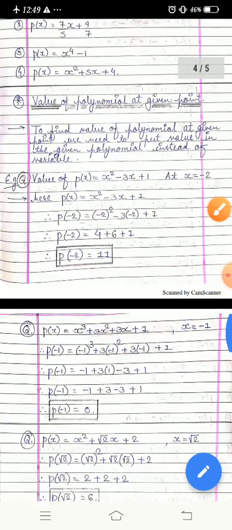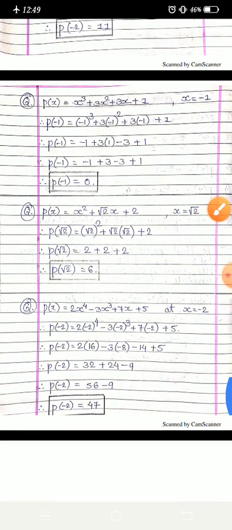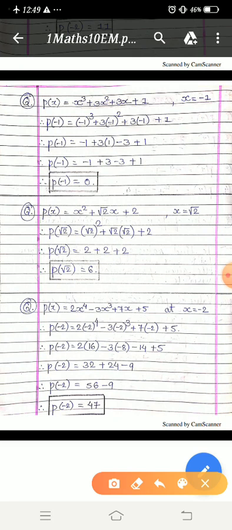Now suppose we take the next example, that is p of x equals x cube plus 3x square plus 3x plus 1, where the value of x equals minus 1. So ultimately we need to find the value of the polynomial at x equals minus 1. First of all, we need to put the value of the given point in the given polynomial.